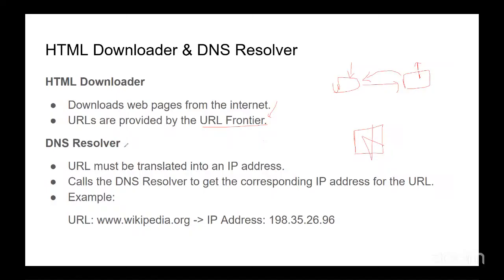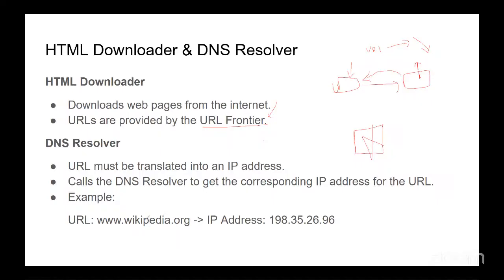Okay, so what we do is, since the URLs that we need to download first need to be converted to IP addresses, because eventually every URL is mapped to an IP address, we need to resolve those IP addresses to download the content. So what the HTML downloader component does is call the DNS resolver and get the corresponding IP address for the URL.